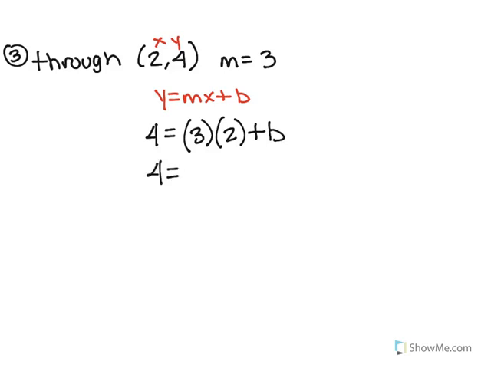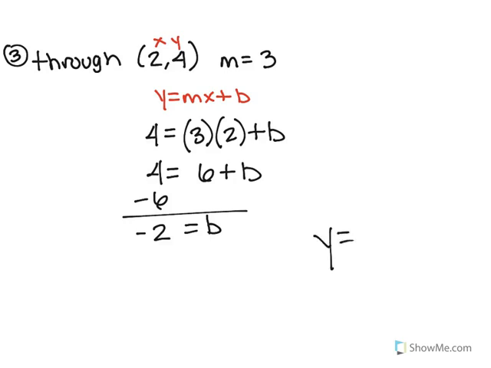So we got 4 equals 6 plus B. And what you going to do with 6? Subtract it. So B is -2. Very good. That's your y-intercept. But write your equation. It's going to be y equals 3x minus 2.